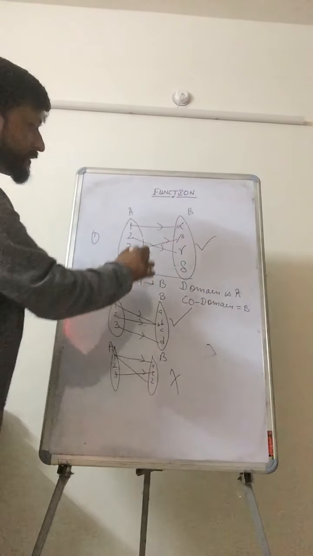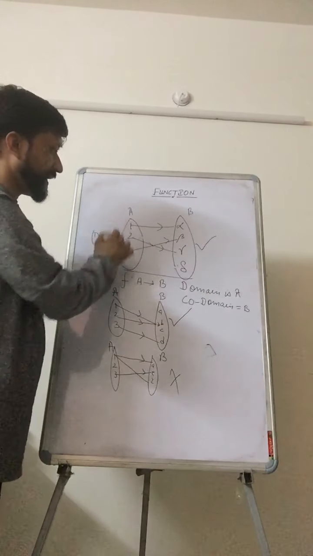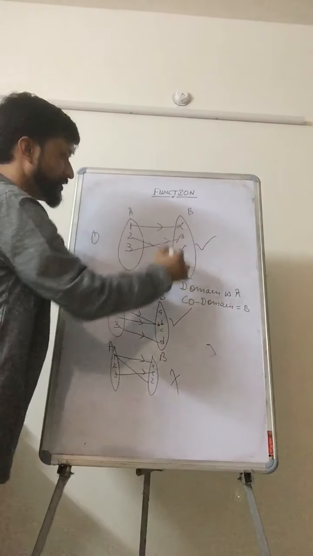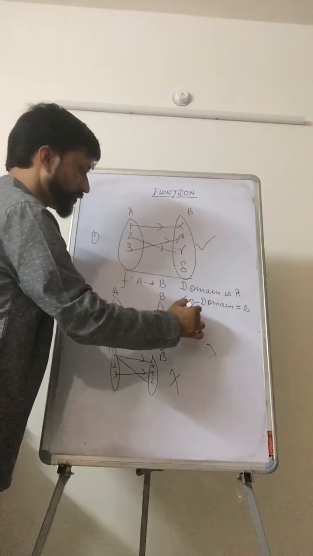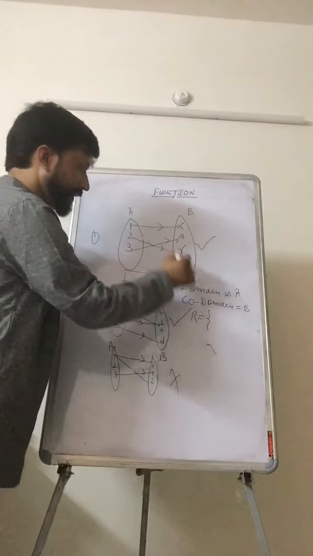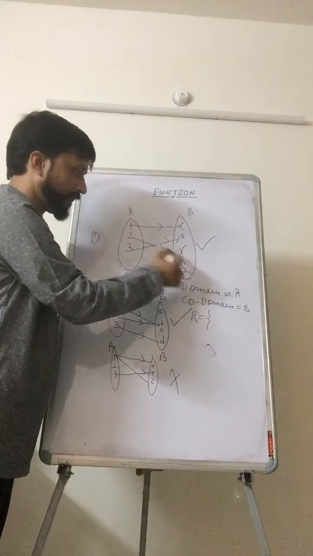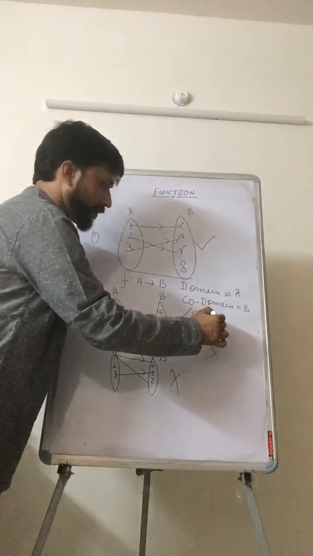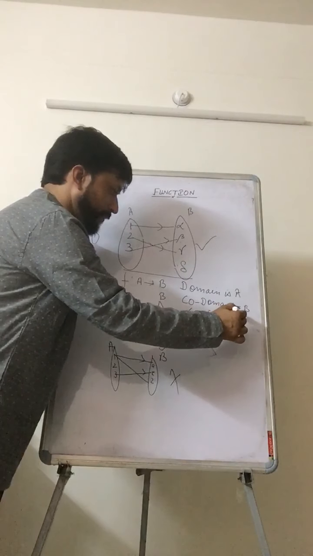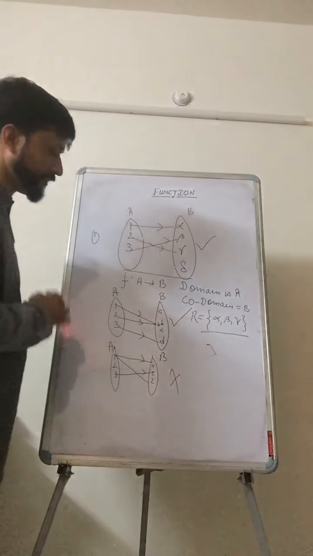And the members of set B that are linked with set A are called the range. So the range of this function is R equal to, here alpha, beta and gamma are linked. So alpha, beta and gamma, this is the range of this function.